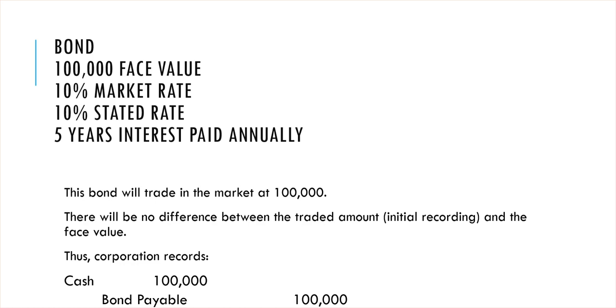This one, market and stated are equal. When market and stated are equal, we have no issues. We get to record the cash coming in and the liability at the face amount. There's no adjustment needed. And as we said previously in the concepts, even though this one is non-current, it gets recorded just as if it had been current. How about that?